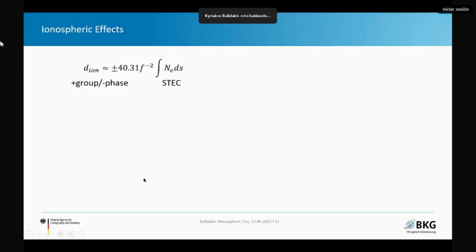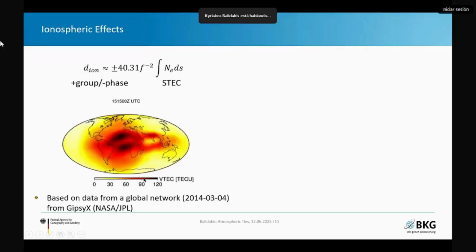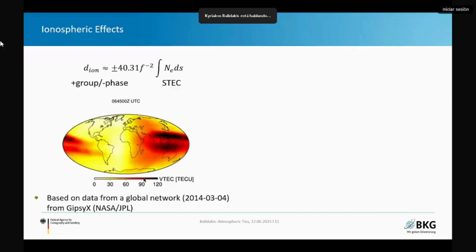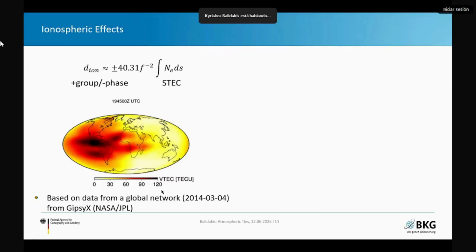The movie I created here is based on global ionospheric maps from processing with GPX, and it shows how the vertical total electron content changes throughout the day. You see that it closely follows the movement of the sun.